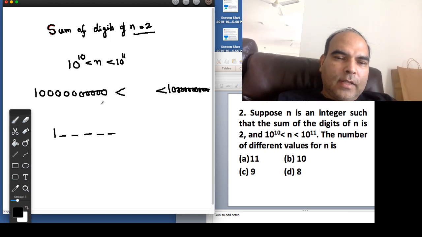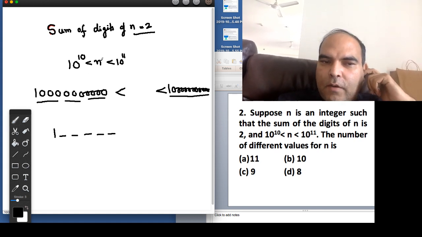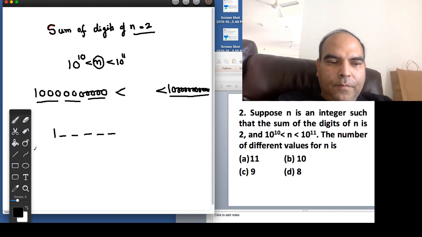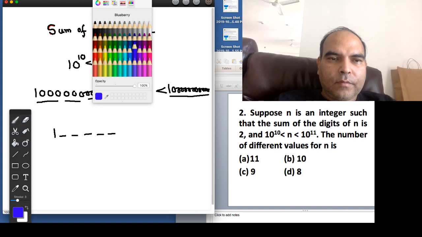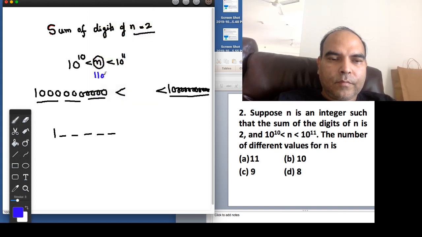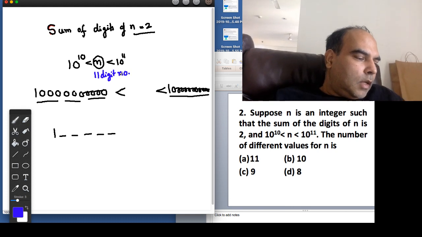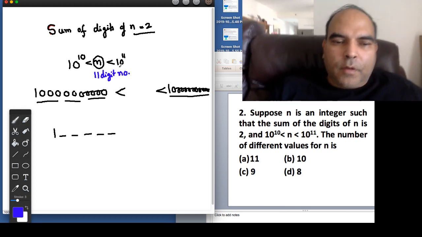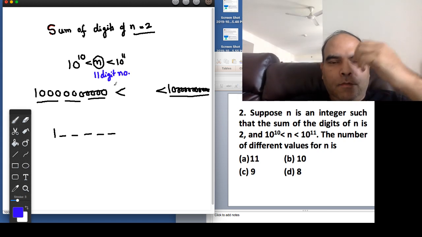So what you need to realize is that because it's less than 10 raised to 11 and greater than 10 raised to 10, the number n would basically be an 11 digit number.